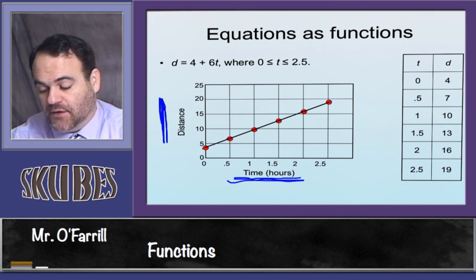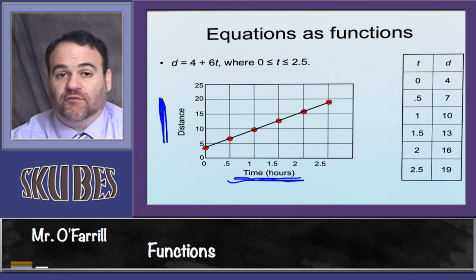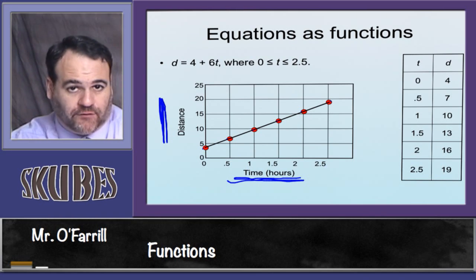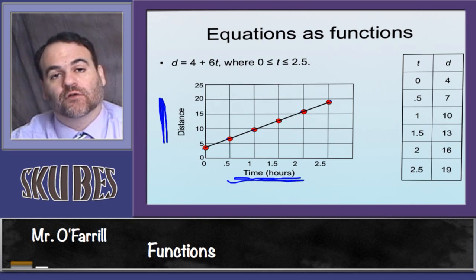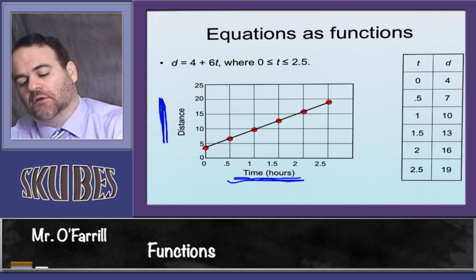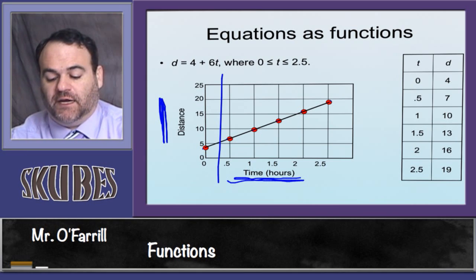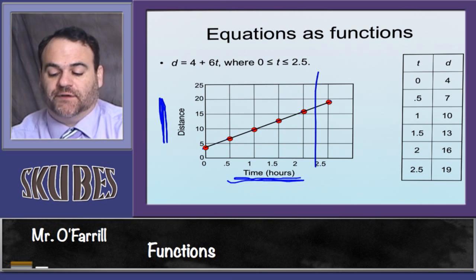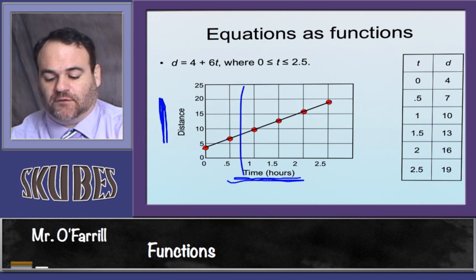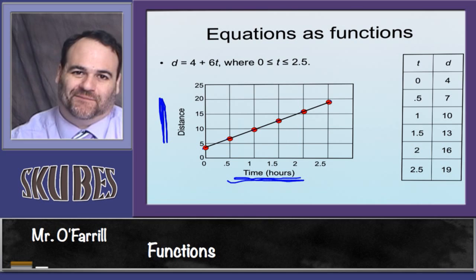And this is where another little tool called the vertical line test can come into play. The vertical line test is really simple. If you're looking at a graph or a picture, if you draw a vertical line anywhere on the graph, if it only touches the graph in one place, it's a function.